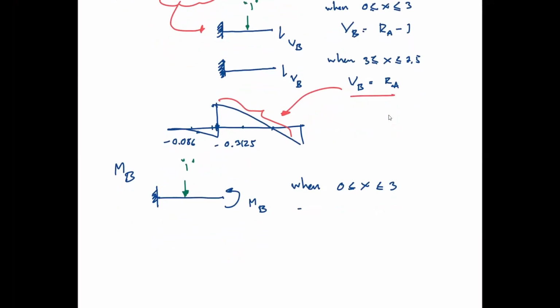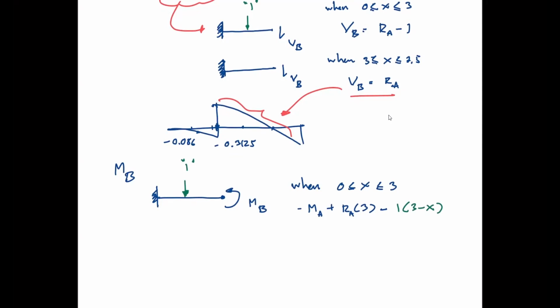is equal to minus MA plus RA multiplied by 3. Of course, we take moment B minus the unit load multiplied by 3 minus X. Okay.